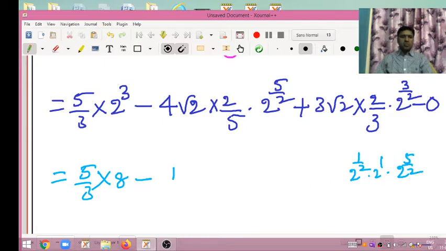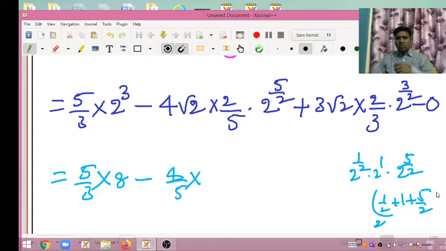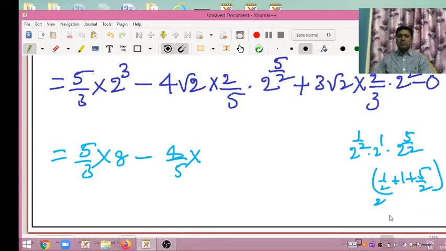So of course 4 by 5 is the constant into, so this is 1 by 2 plus 1 plus 5 by 2, upper limit 2 to the power of. So this is how much? 2 to the power of, LCM 2, 1 plus 2 plus 5. So 5 plus 3, 8. So that is 2 to the power of 8 by 2. 8 by 2 means 4. Directly I am writing 2 to the power of 4.